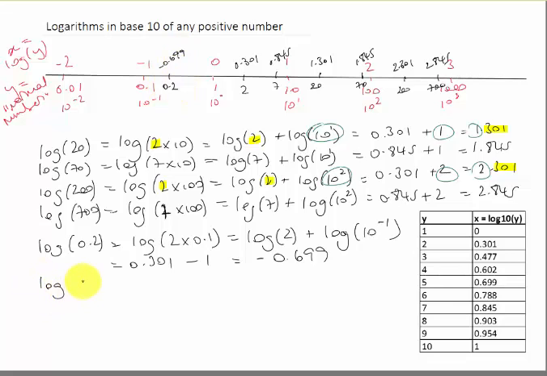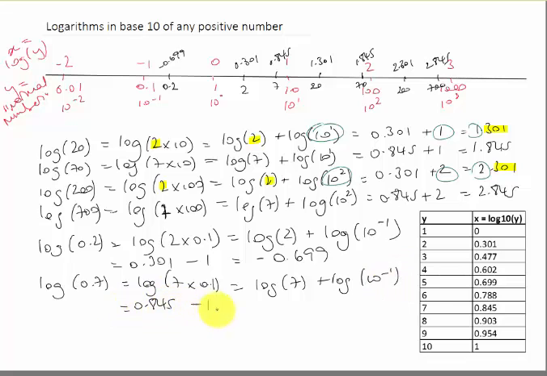Same idea, log of 0.7, so that's log of 7 times 0.1, so that's log of 7 plus log of 10 to the minus 1, so that's 0.845 minus 1, so again this minus 1 comes here, so that would be minus 0.155.